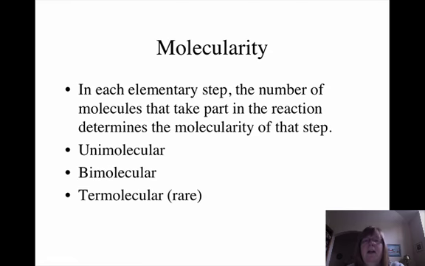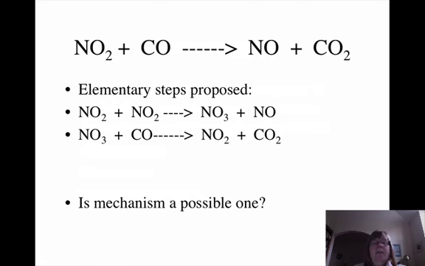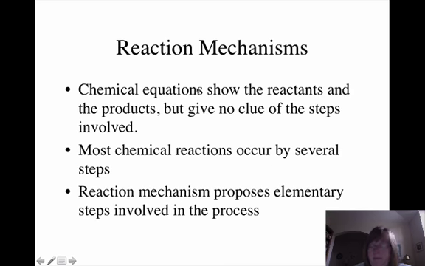So let's have a look back at this reaction. So here is our elementary steps that were proposed, and we did add this up and we said, yes, this is a possible mechanism. And let's see, an intermediate, NO3, it appears in an elementary step and then it is used up.